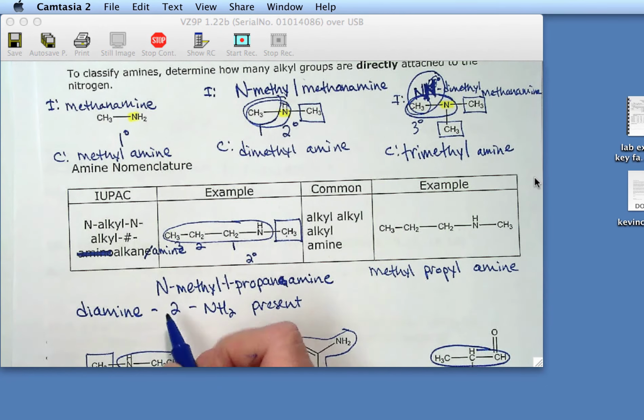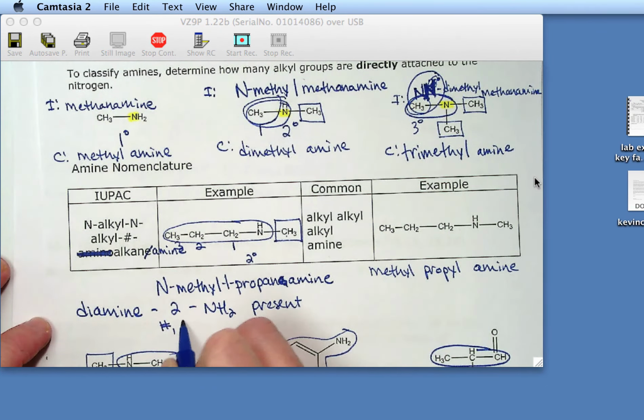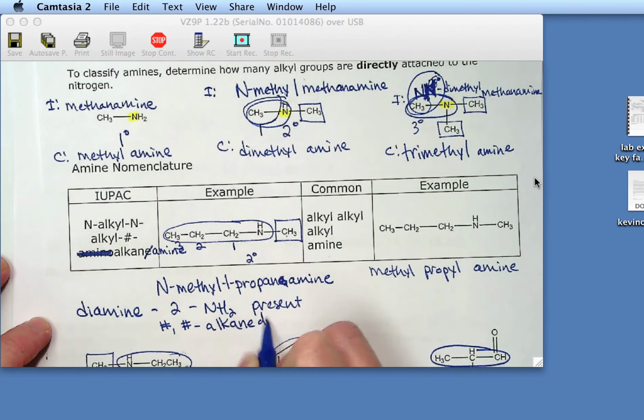So it's going to be number, comma, number, alkane, diamine.